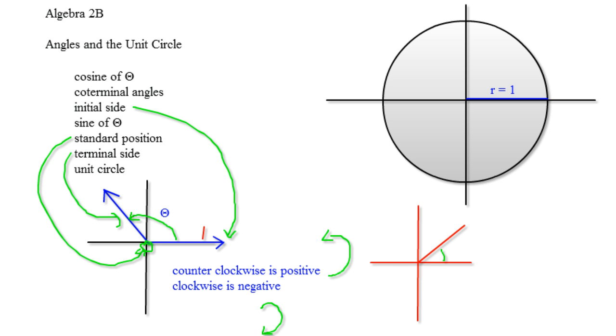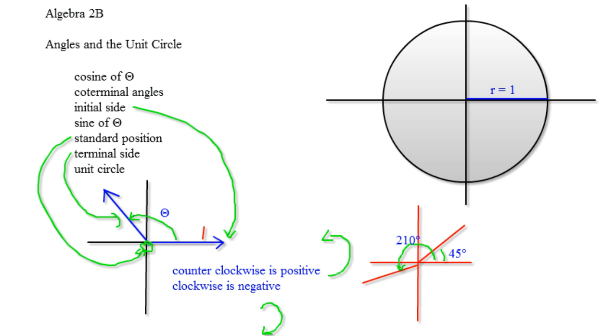Now if I were to draw, let's say, a 210-degree angle, I would be going from this initial position to this terminal position, and that would be 210 degrees. So 210 degrees, and this one right here would be 45.